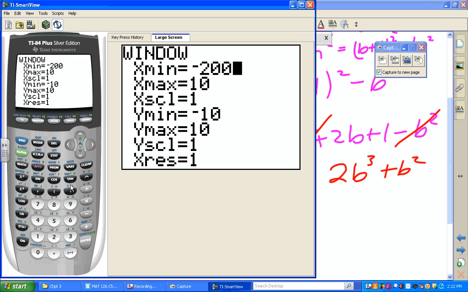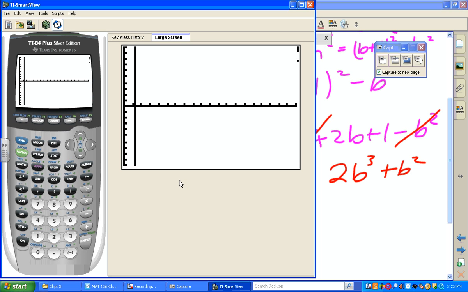I'll start there. Not negative 200. The x can't be a negative length. So I'll just go from 0 to 200. Scale 10. See what we got. Graph it out. Booyah! Oh, there's a hit. That's good enough for me. Error, we'll fix it.